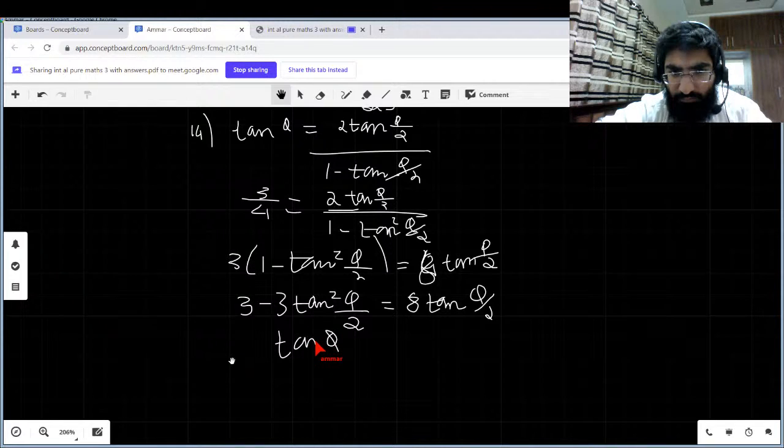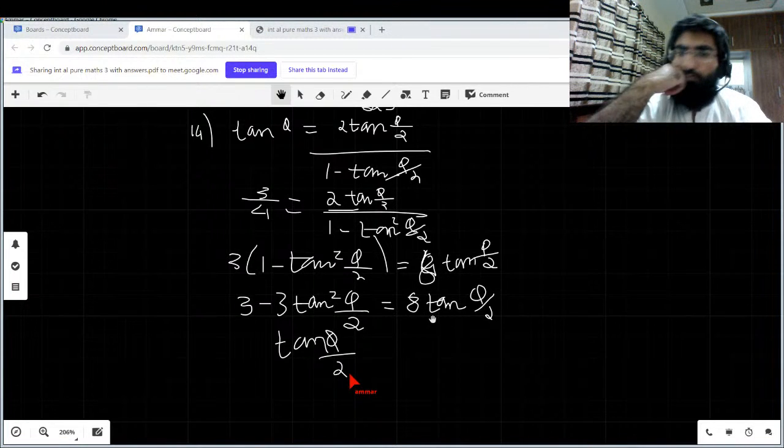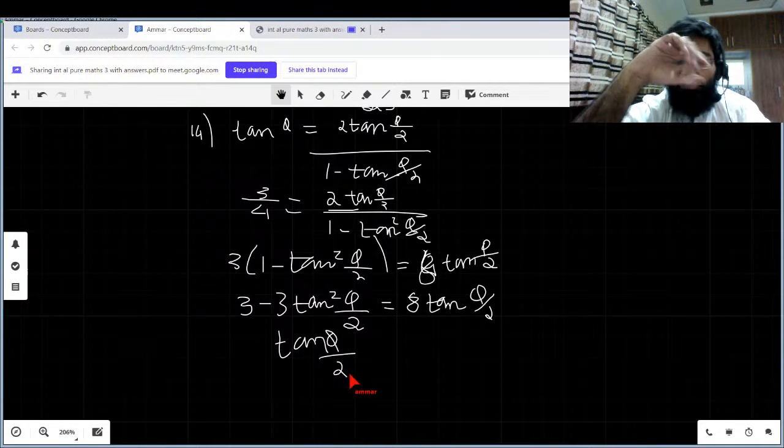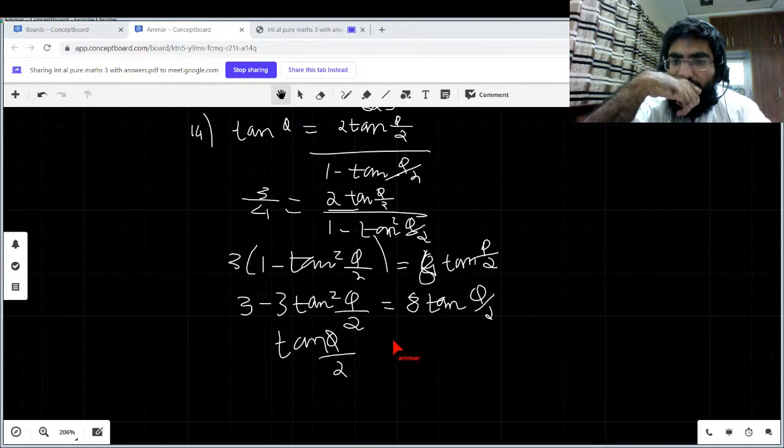Wait, I have a calculator. 5, 3, then minus 3 plus 3, minus 3 minus 8 plus 3, I guess. 1 by 3 and minus 3. Equal to 1 by 3 and minus 3.